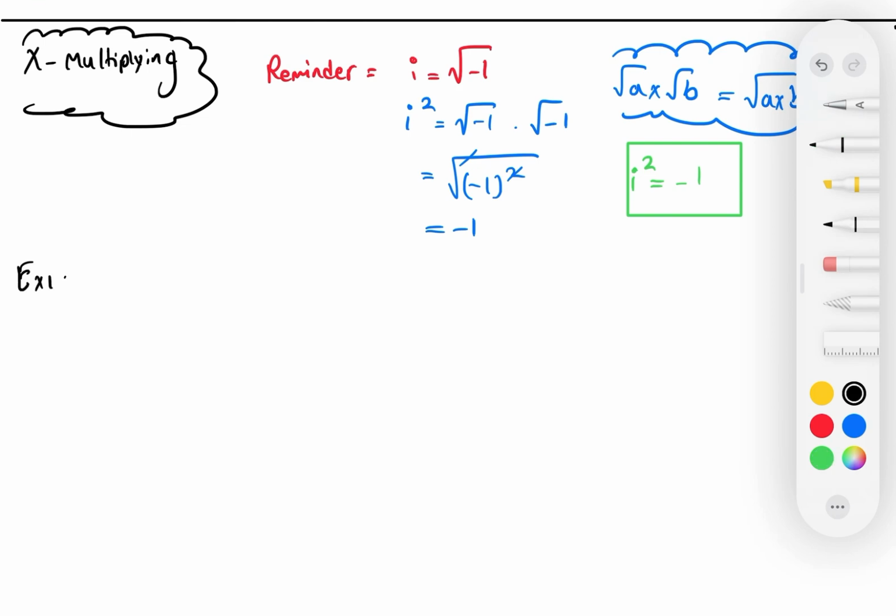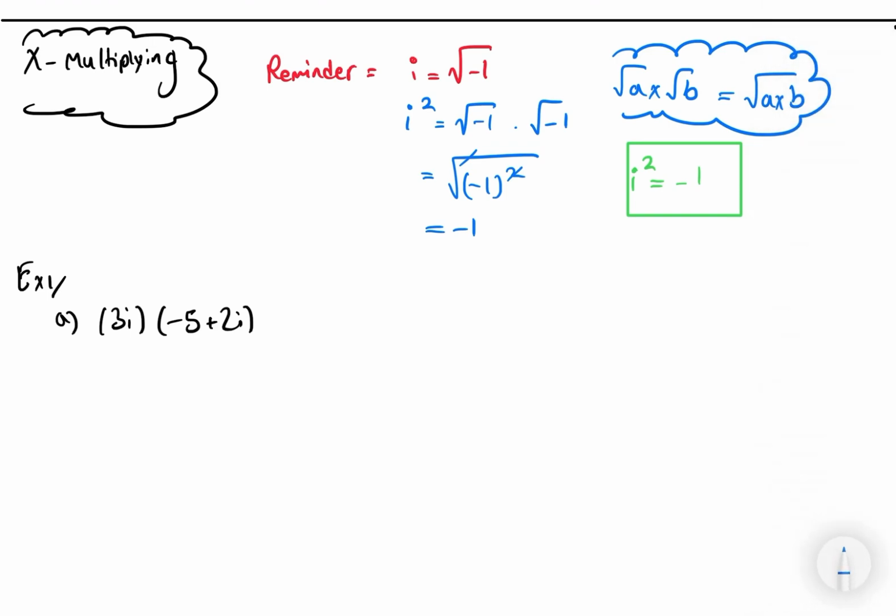Example 1. Let's go ahead and multiply, for example, 3i times -5 plus 2i. How do we deal with this one? All right, in order to do this, if you remember the rule from the distributive law, you just have to multiply 3i by -5 and then by 2i.